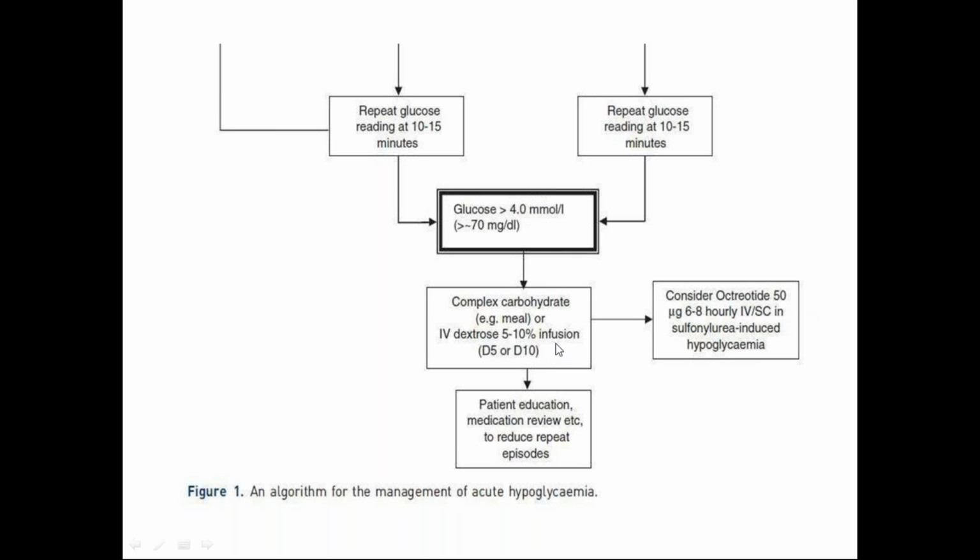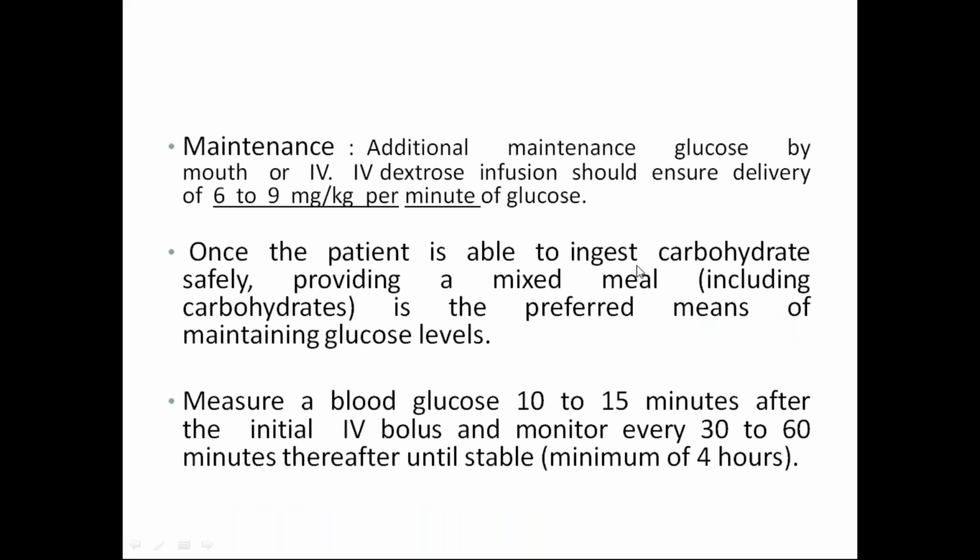And if the patient is having recurrent hypoglycemia, then we can give octreotide 50 micrograms 6 to 8 hourly. IV dextrose infusion should ensure delivery of 6 to 9 mg per kg per minute of glucose. That's the normal value.